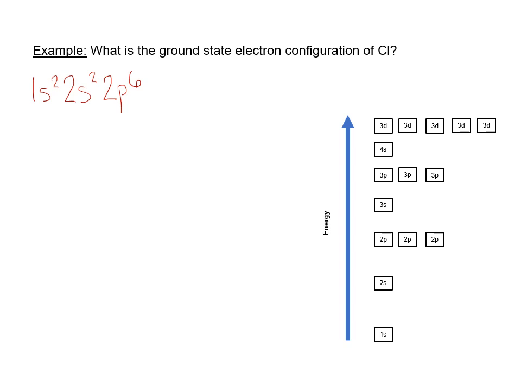Then the next orbital is the 3s, so we put 3s2, and then so far we have used 12. There's 5 more electrons which go in the 3p5. So this would be the electron configuration for chlorine. Notice that I do not separate each of the orbitals by a comma. I just write them all next to each other.